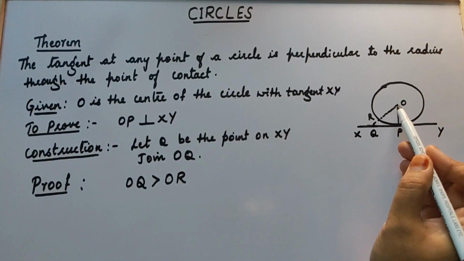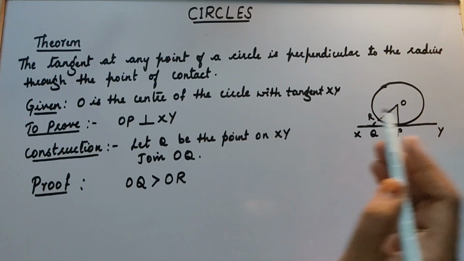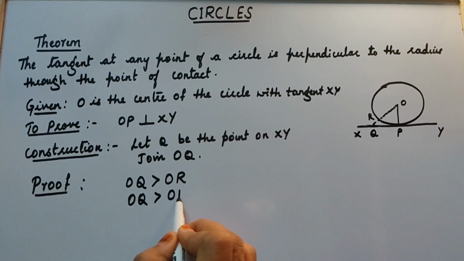So I can say OQ is greater than OR. This is the radius, and this is also a radius. So OQ is greater than OP.